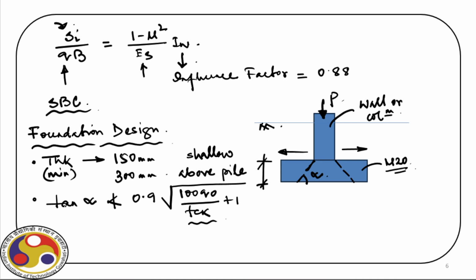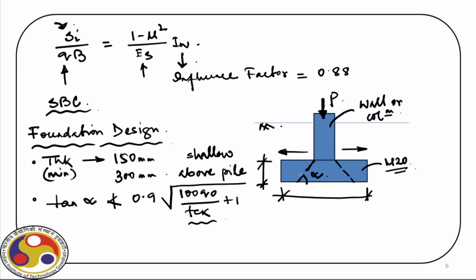So, as you can see, tan alpha should not be less than this value. So we have to maintain that angle. We cannot have a very large foundation pad, as it will not be effective. Also, we cannot have a very small pad just below the column or wall, because then we will not get sufficient supportive reaction below the foundation. So we have to maintain the minimum size, and that size will come from these guidelines.